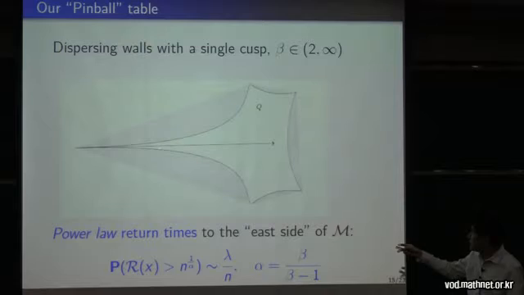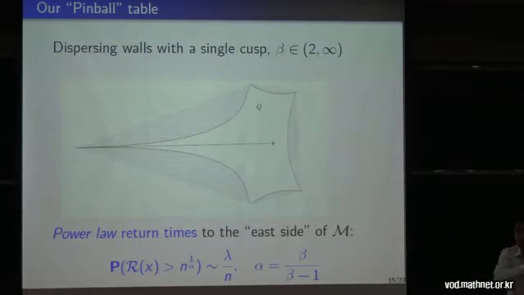So we have the ball coming into the cusp, and when it goes in at a thin enough angle, it gets stuck there for a very long time, and so we get power law return times to what I call the east side. So let's call these three walls the east side. Okay, so if you start here, you go in, every once in a while you get stuck there, and the power law time, this 1 over alpha, the alpha is related to the actual curvature of these walls.